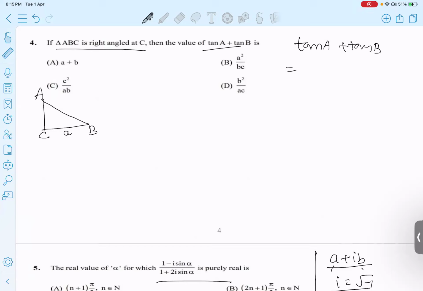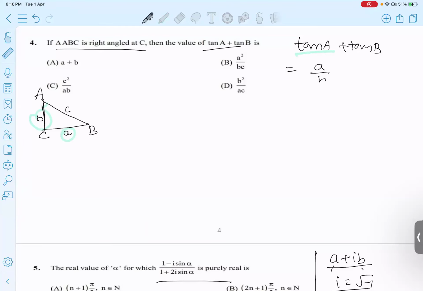Look at the options. They have given A, B, C, D, and all these represent the sides, the opposite sides of the angles. This should be c, because it is the opposite side of the angle C. This is b, because this side is the opposite of the angle B. So tan A is opposite by adjacent.